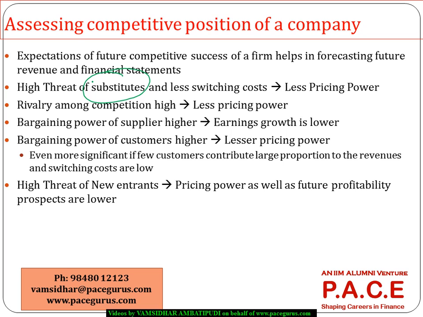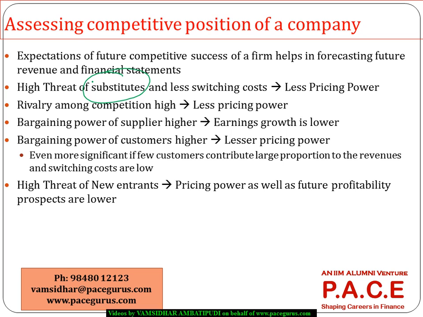If the bargaining power of the suppliers is very high, there is a good chance that my input costs are going to go up in future, which means my profit potential may go down. Probably my earnings, my revenues may or may not go up in proportion with the expenses, but I am sure expenses are planned to go up because the bargaining power is very high with my suppliers.